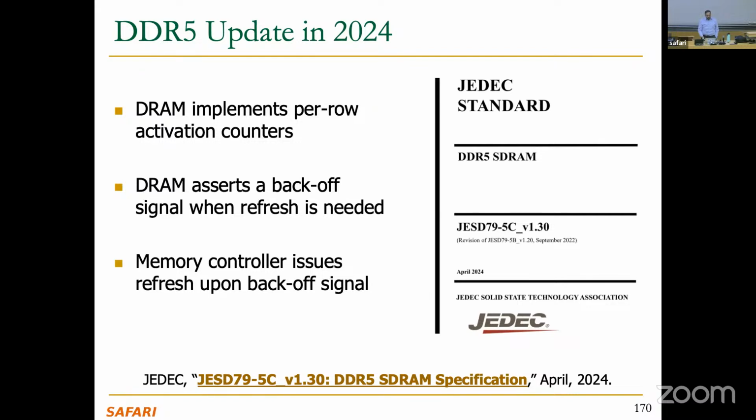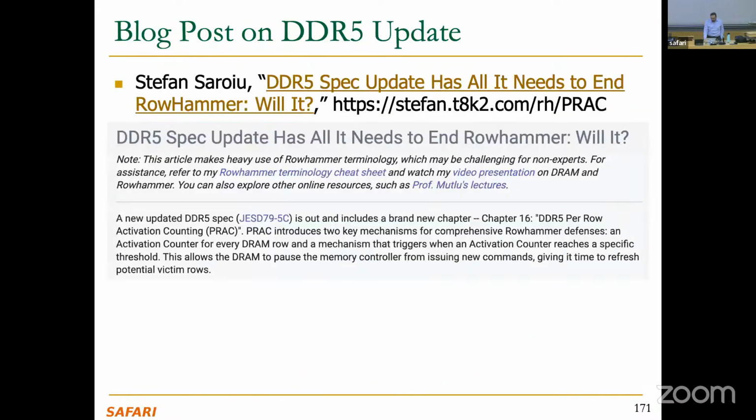There is a new DDR5 update that proposes implementing per-row activation counters inside the DRAM chip. The DRAM chip has a new signal called a back-off signal that it sends to the memory controller, saying that it needs some time off so that it can perform some preventive refreshes to avoid RowHammer bit flips. And the memory controller allows the DRAM chip to perform those preventive refreshes. So this is something quite new.